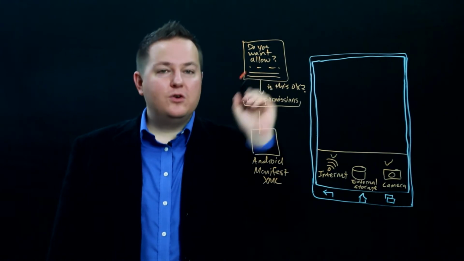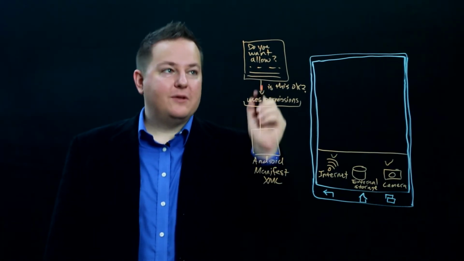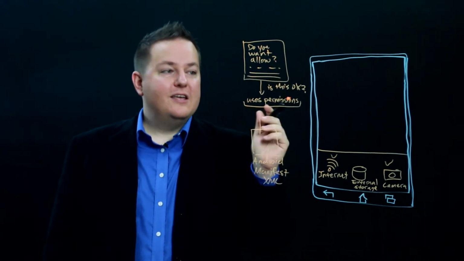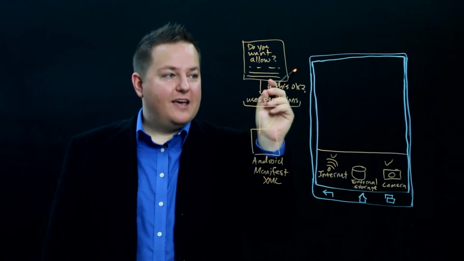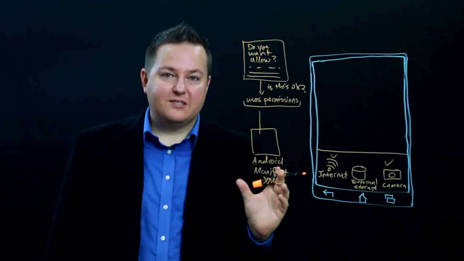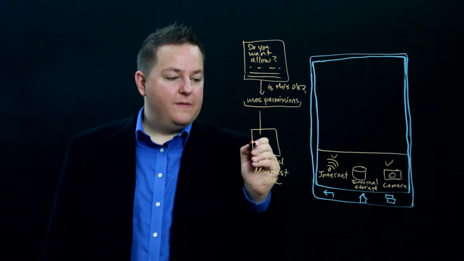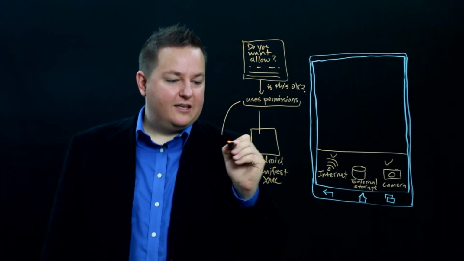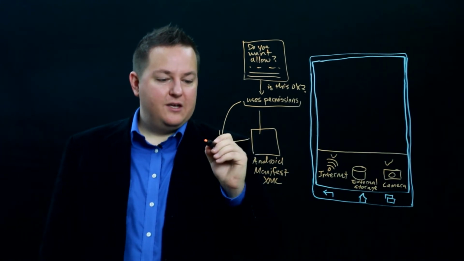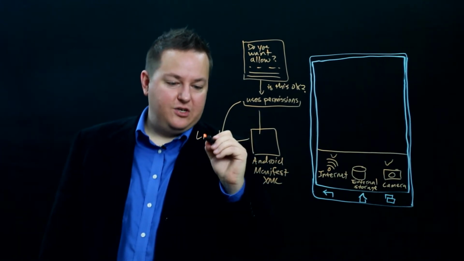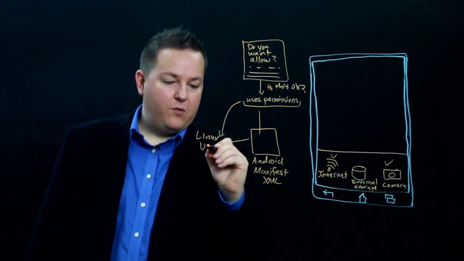When you install an app and then create a user account for it, what's actually happening is that the underlying Linux operating system is creating a user for that app. So this basically creates the Linux user for your app.